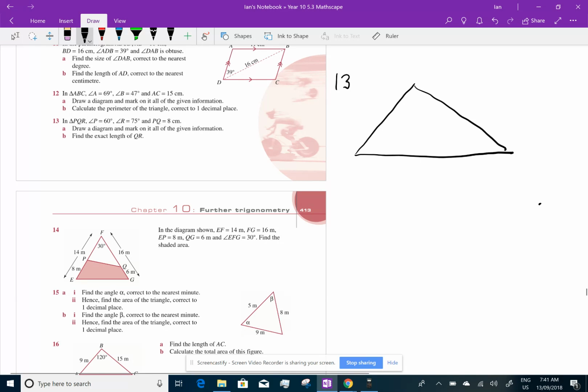So I'm going to put P here because it's 60 degrees. And then R, and it's bigger, it's 75 degrees. And then I've got Q here. And Q is 8 centimetres.